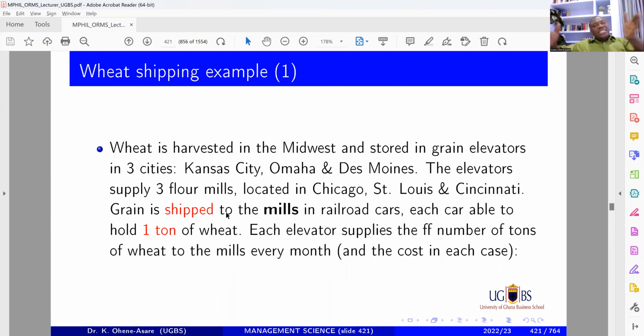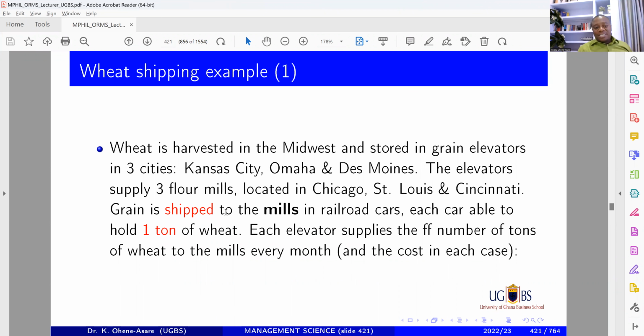These boxes, these divisions, are called railroad cars. Each car will have 1 ton of wheat, each car will have 1 ton, each car will have 1 ton.